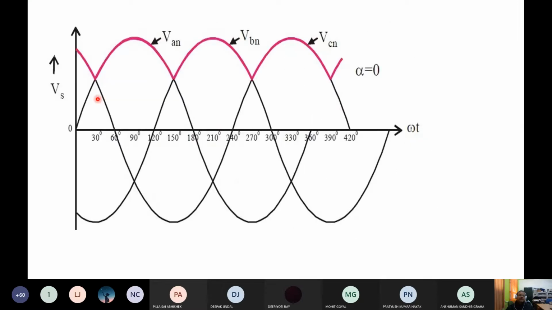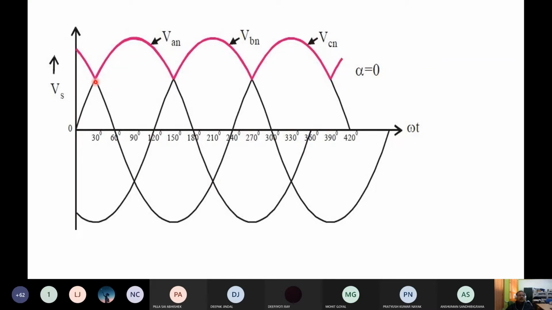As I told you, this is that 30 degree. From here to here it is 60, so here it is 30. When a previous thyristor is conducting, other thyristors are reverse biased, so they cannot be triggered. At omega t equal to 30 degree, alpha is 0.